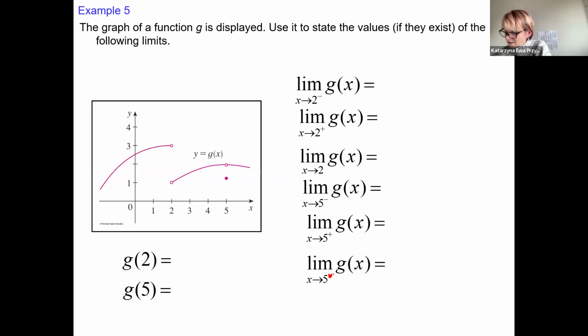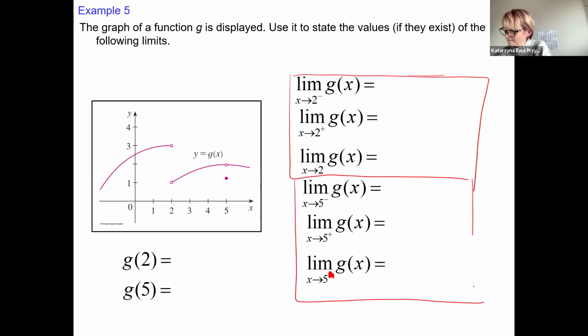Actually, this is a typo, this is just 5. We have to investigate the situation at 2 and at 5. Okay, let's start from the top. What is the limit of the function g as x approaches 2 from the left-hand side?